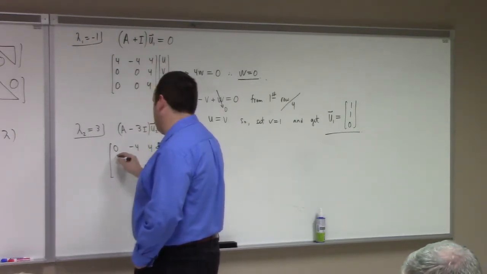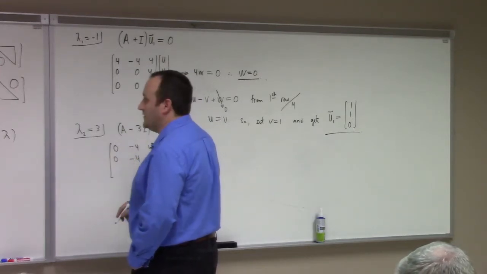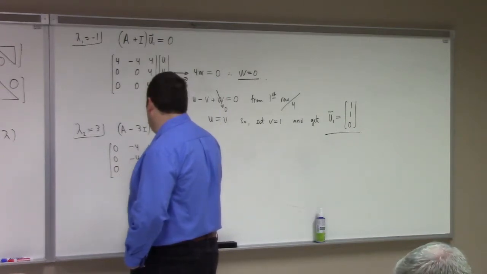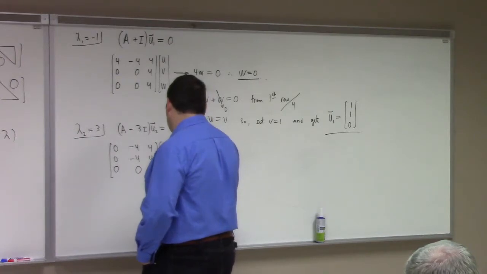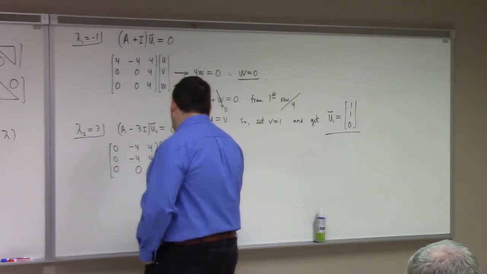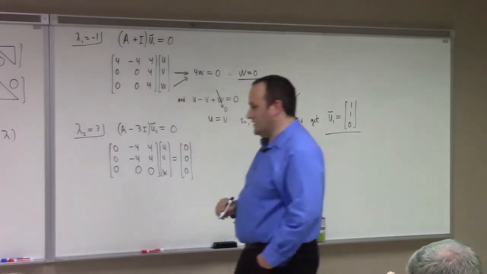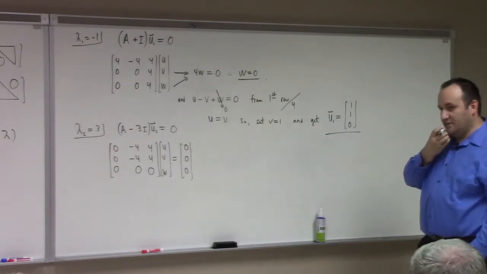Deja vu all over again, first and second row, 0, 0, 0. Okay, so what we got is, again, my W is what? That's not right. W is not free, is it?